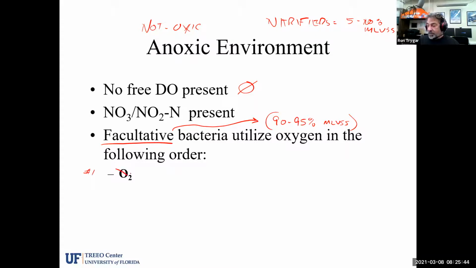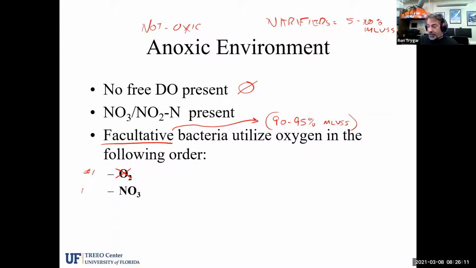But if we take away the oxygen and actually, so to speak, suffocate them so that there's no free oxygen there, they will use an alternate enzyme within their cell to be able to reduce or chemically break apart a bond of the nitrogen and the oxygen within the nitrate molecule and gain some of that oxygen from it.